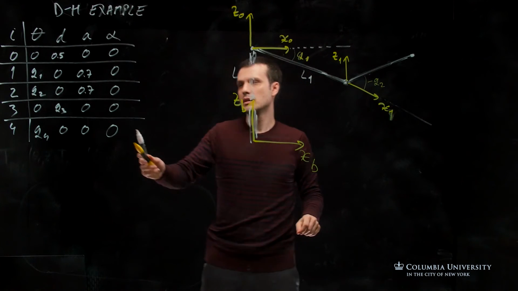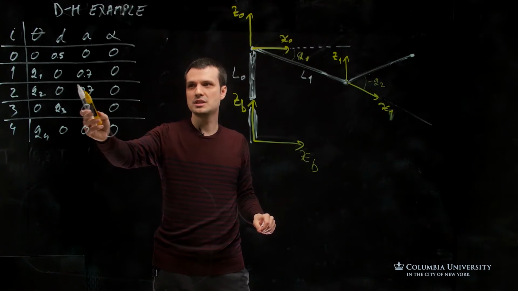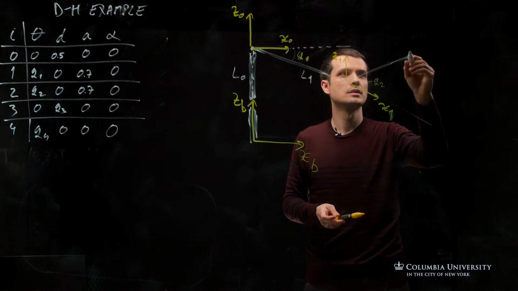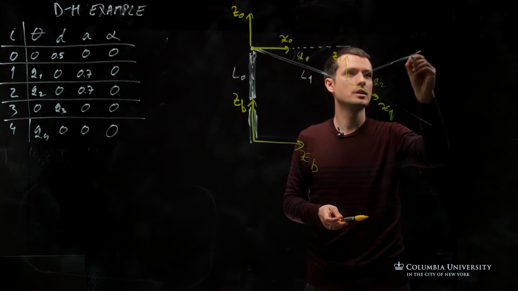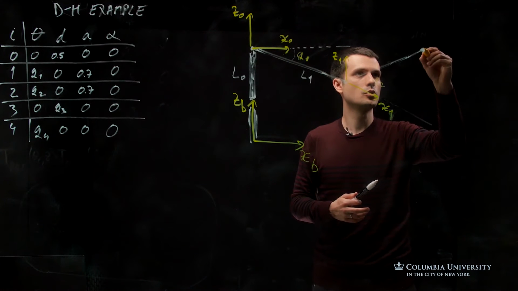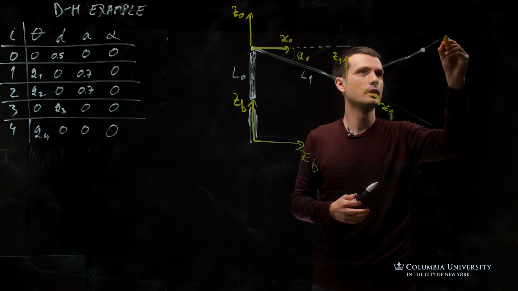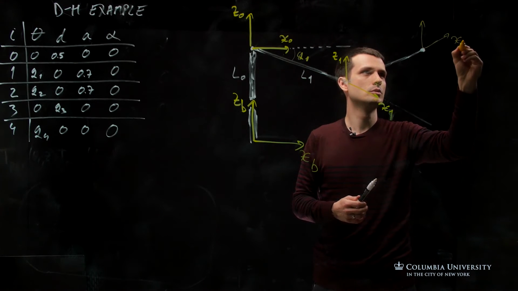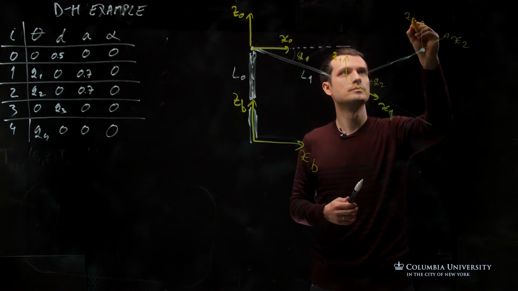Then we'll have 0 translation along Z, 0.7 along X. That'll bring us somewhere over here, and we have our next coordinate frame, X2, Z2.